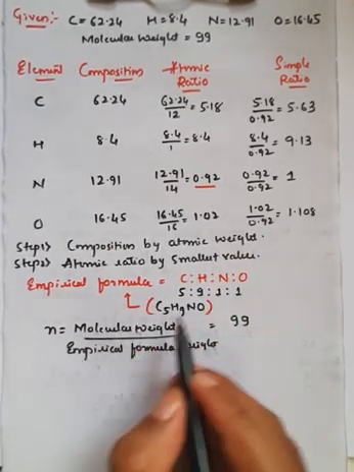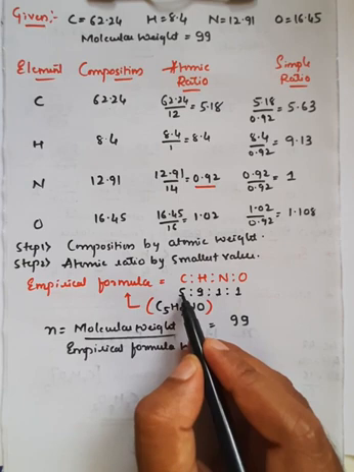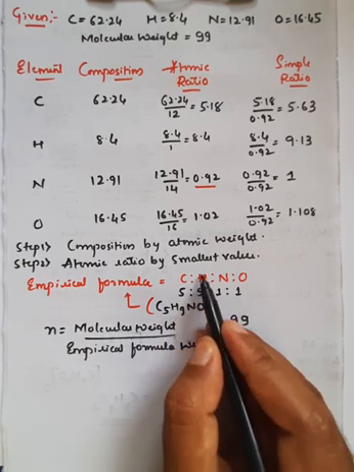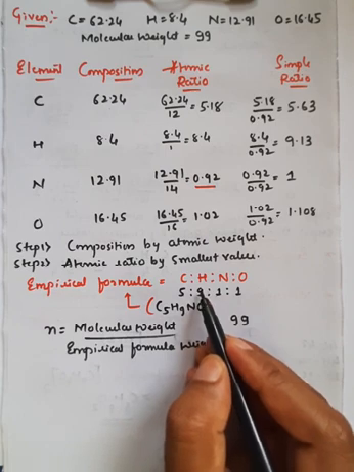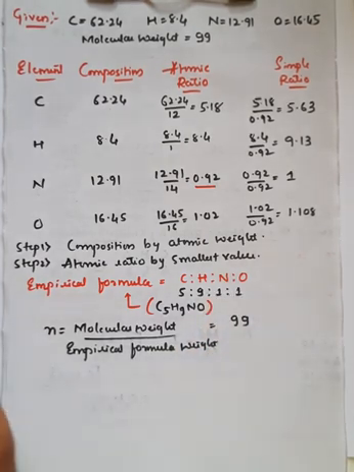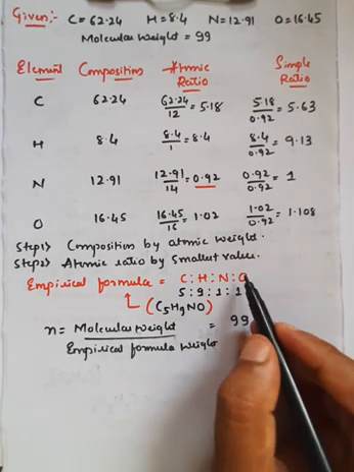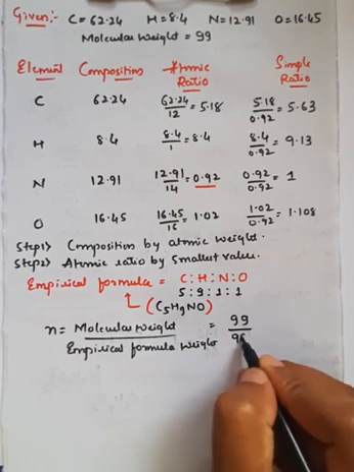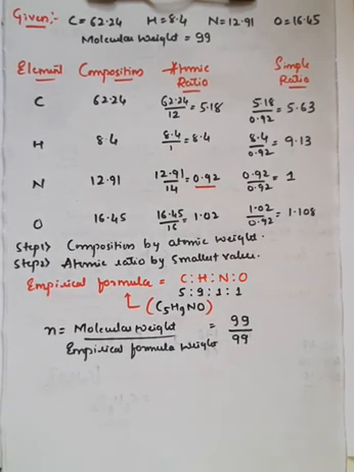If you calculate the empirical formula weight, 5 carbon are there, 5 into 12. Hydrogen 9 are there, 9 into 1. Nitrogen is 1, 1 into 14. As we did in the previous problem, the same thing we have to do. Oxygen is 1, 1 into 16. If you add, the total value will be equal to 99. So you solve that one directly.